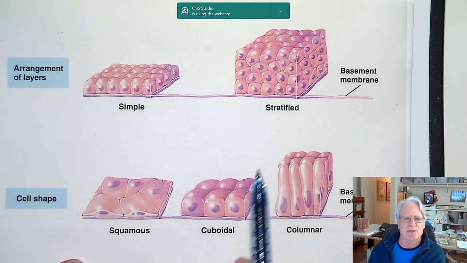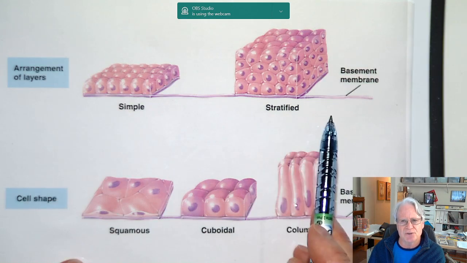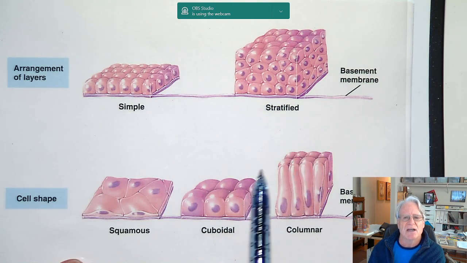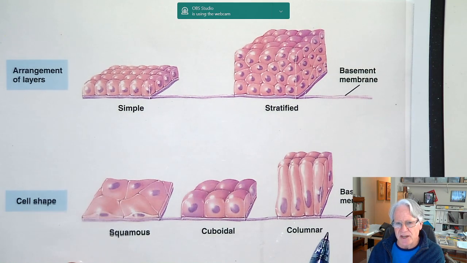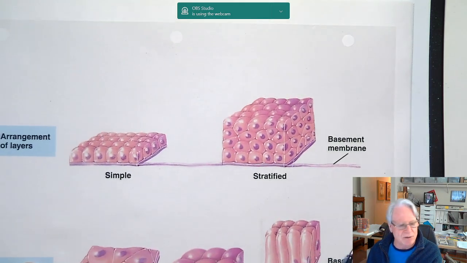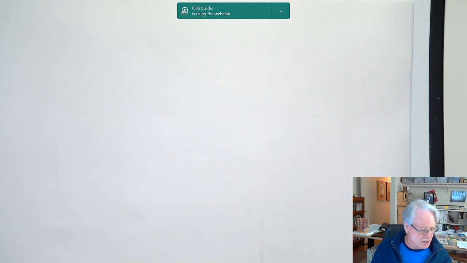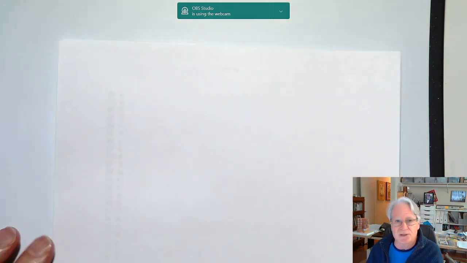Notice that what's not being shown in this image is the pseudostratified, which is unfortunate, and transitional. But we've seen a lot of that in the lab, and you should be now also, of course, testing yourself on that material in the practice exam that I've already posted in Canvas.